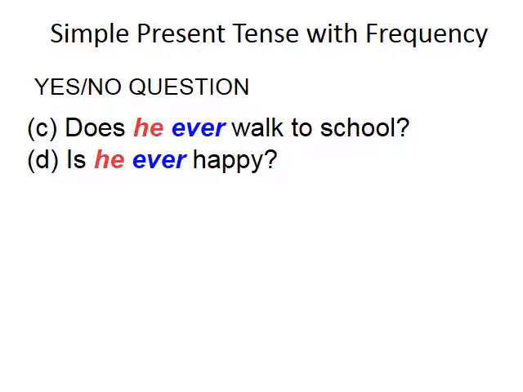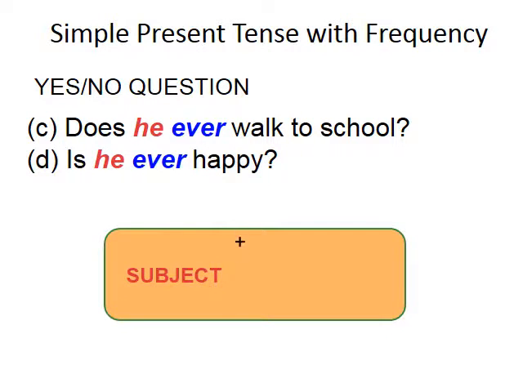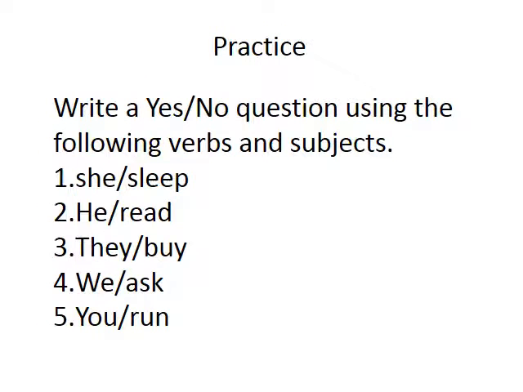So, does he ever walk to school? And is he ever happy? In this case, is can be a helping verb, and there's no main verb. So we put the subject and then this frequency adverb after it.